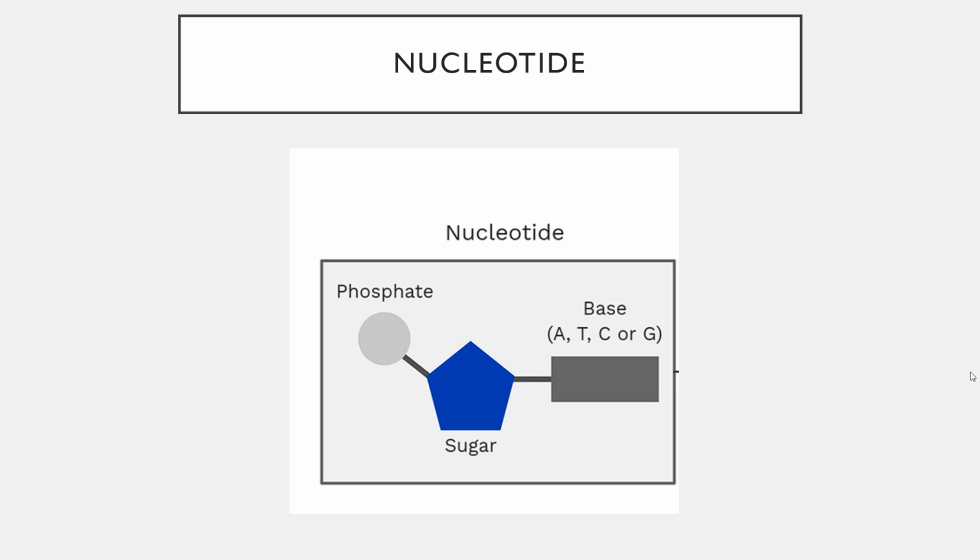For numbering the carbons, we always start carbon 1 at the base and then go in a clockwise direction from there. So it's carbon 2, carbon 3, carbon 4, and carbon 5 being outside of the ring structure, where the phosphate attaches.